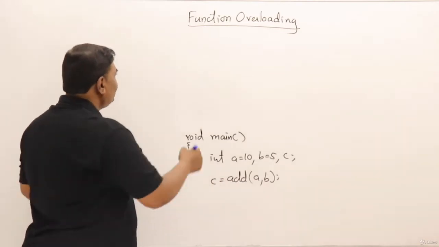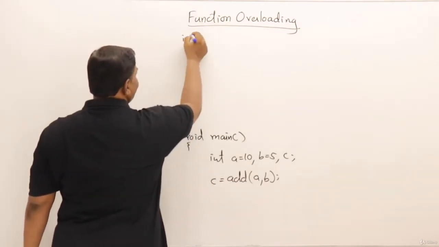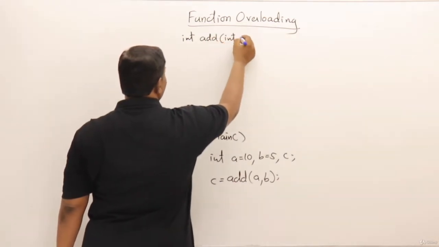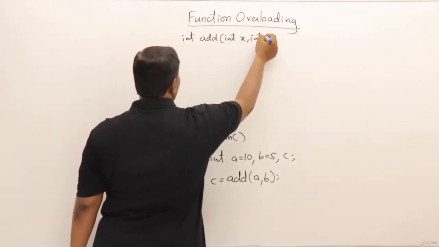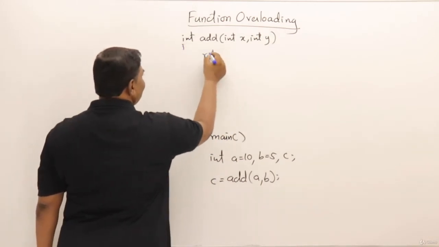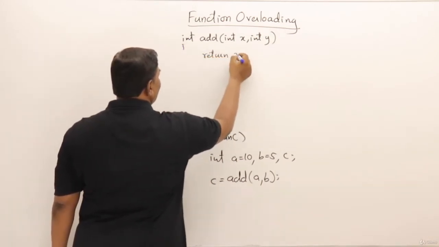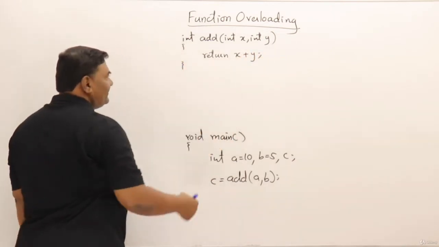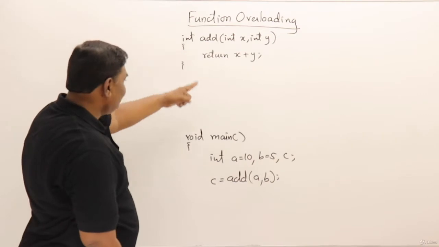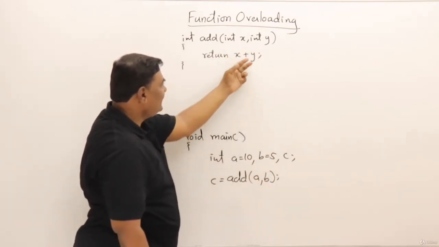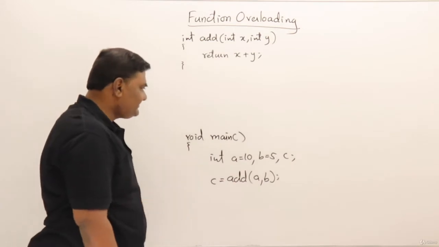So I will write this function: integer add, which takes two integers, integer x and integer y. Now here I don't have to declare any variable, simply I will write return x plus y. That's it, a simple function. So that add function, when I call it, a will be copied in x and b will be copied in y, and it will add these two and return the result that comes in c.